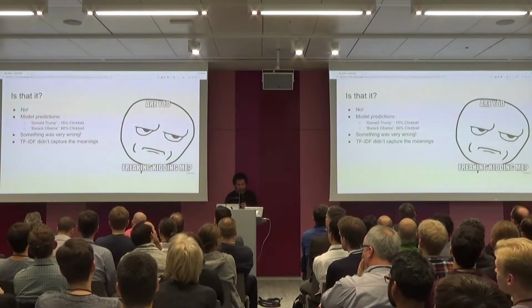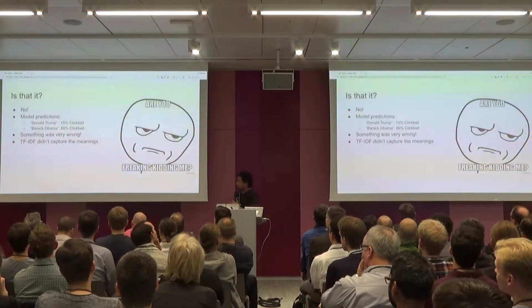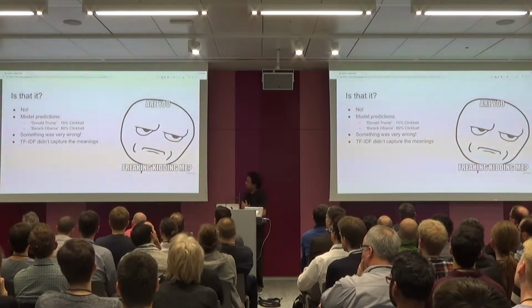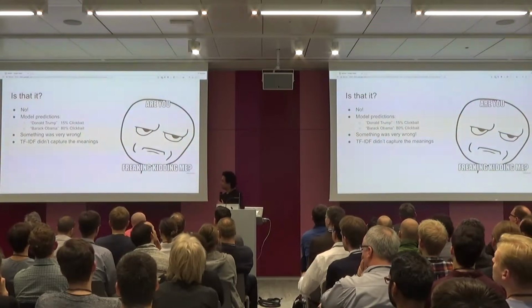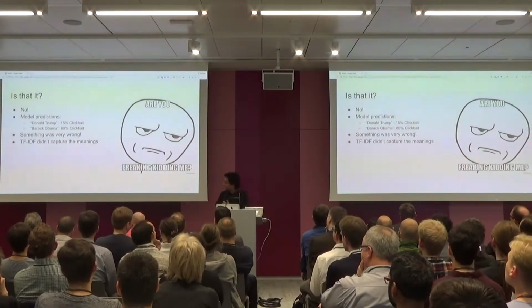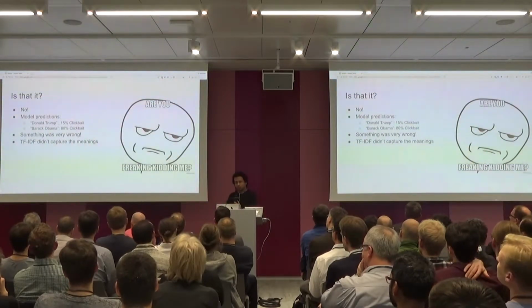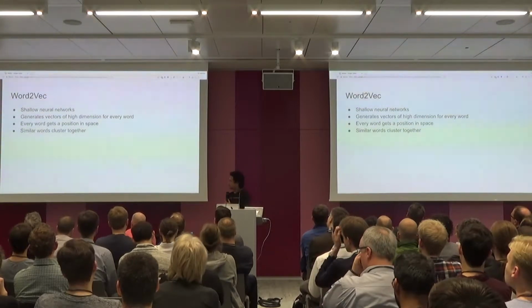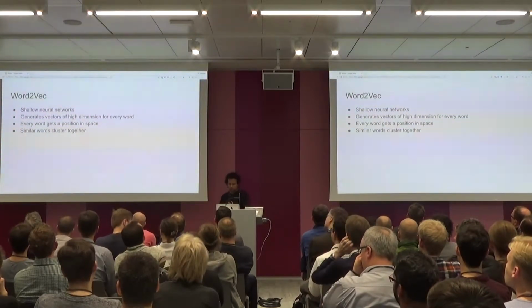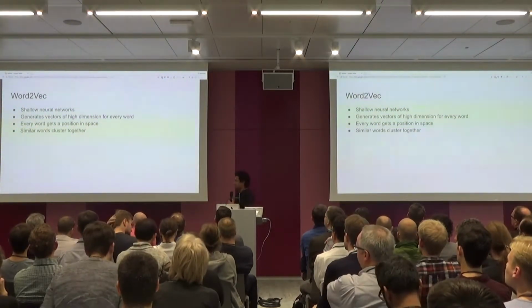So is that it? Then I did some model predictions on text like Donald Trump and Barack Obama. I got 80% clickbaits. I was like, oh no, something's wrong. So TF-IDF was unable to capture the meanings. Then I did word2vec. They're generated by shallow neural networks.